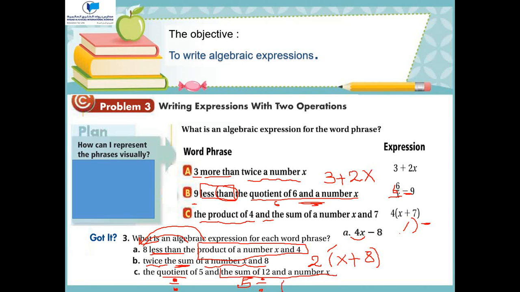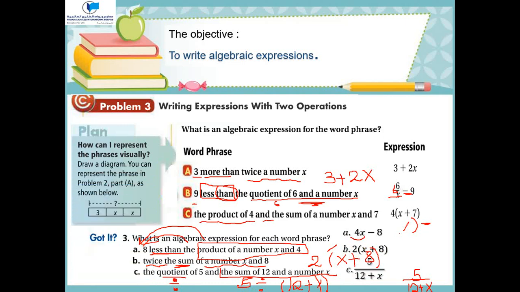So the sum of, open parentheses, 12 plus x. You can rewrite in another way, 5 divided by 12 plus x. Please don't forget the parentheses so you can get the right answer. Let's move to the next part.